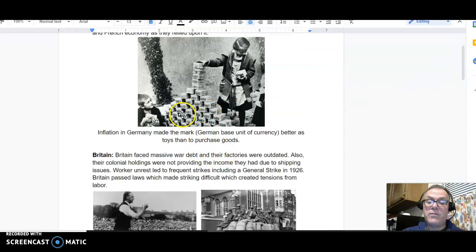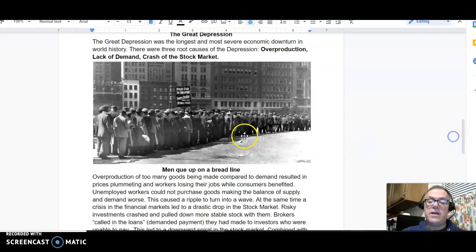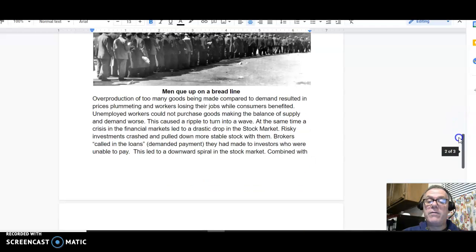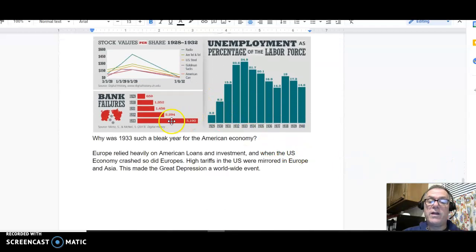But this was a problem in Germany. Inflation, and here you have the labor strike and the military being called in to put down worker strikes, and then of course the Great Depression in the United States, and it becomes a worldwide depression because of the European economies being so tied to the American economies. And you can see in 1932 and 33 things are pretty bad.